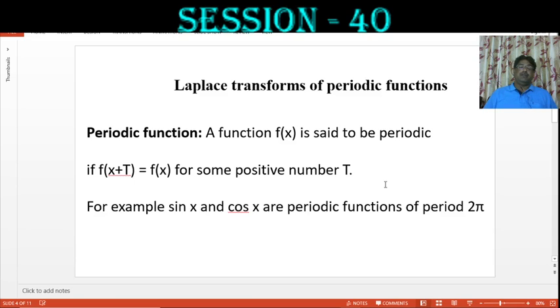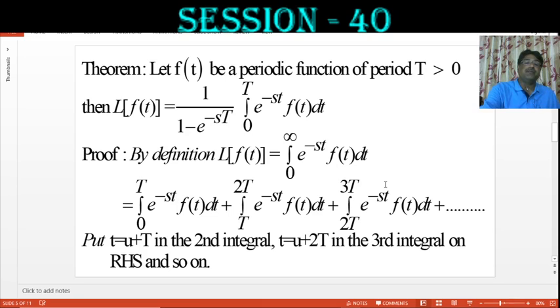For example, the trigonometric functions sin x and cos x are periodic functions of period 2 pi. That is, sin of x plus 2 pi is again sin x, cos of x plus 2 pi is again cos x. That is why sin x and cos x are periodic functions of period 2 pi.